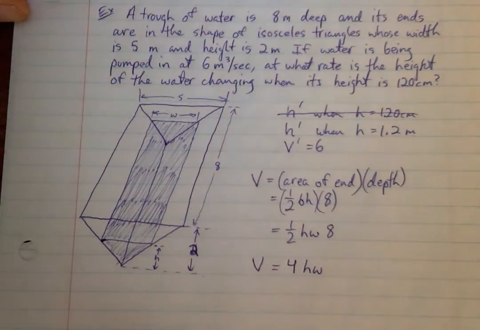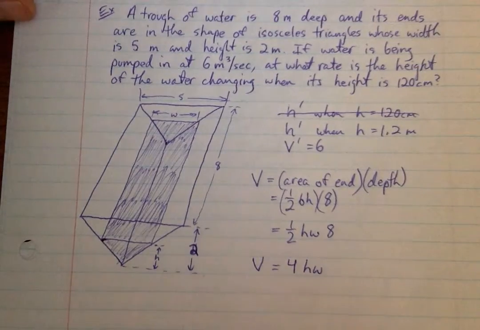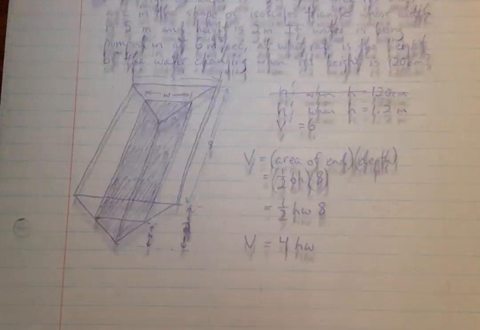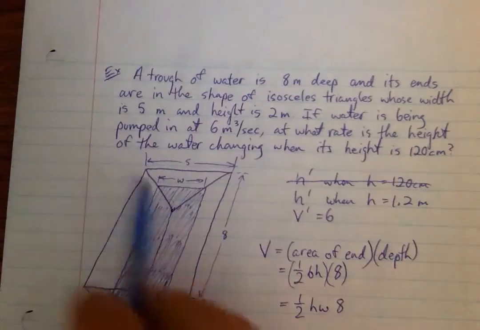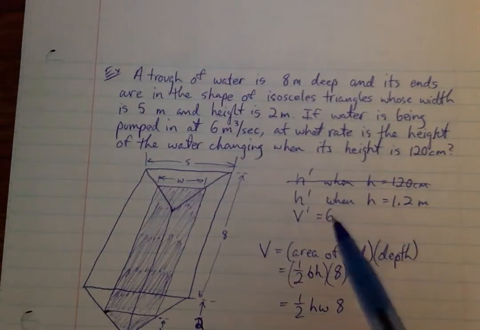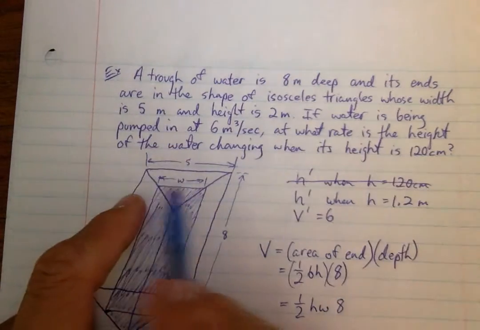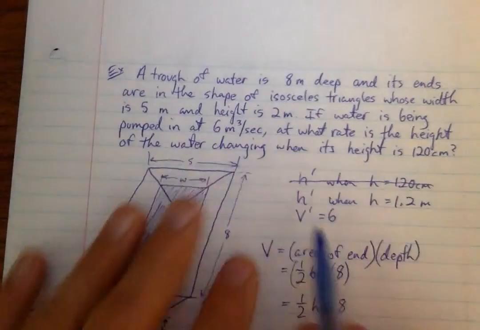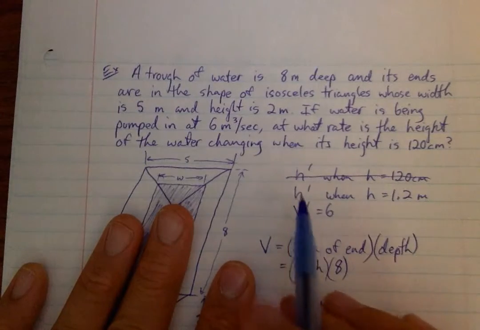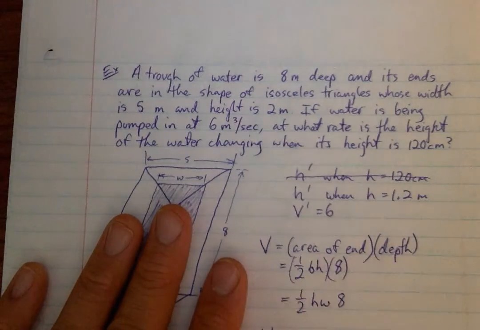That's equal to volume. Now, here's another one of these things where the problem, I know it's tough to go through here and decipher what exactly we have, but if we had had some type of width given to us of the water, we would have written it down, but we don't. We just see an H prime and H and a V prime.